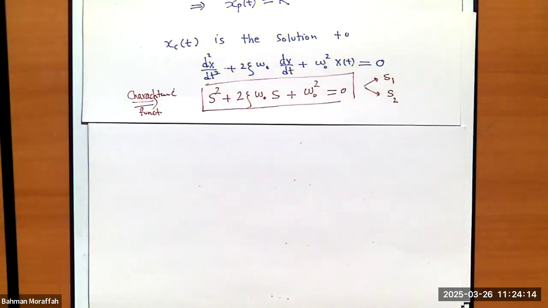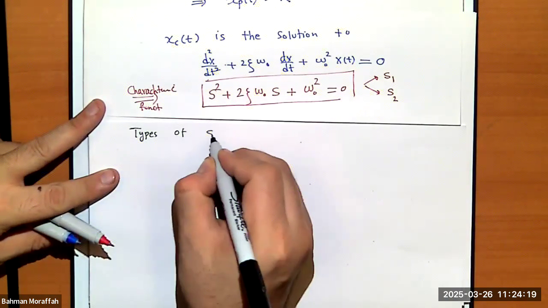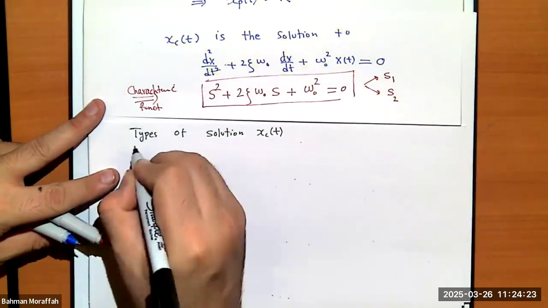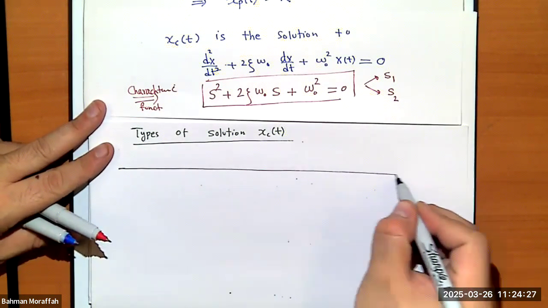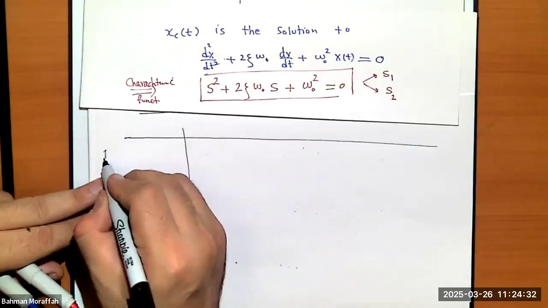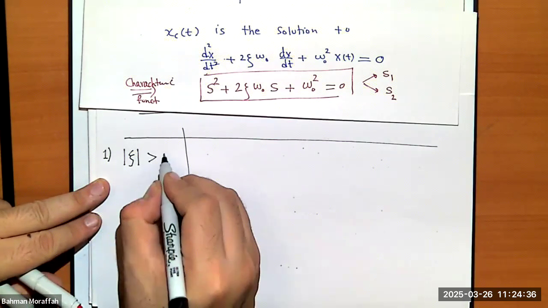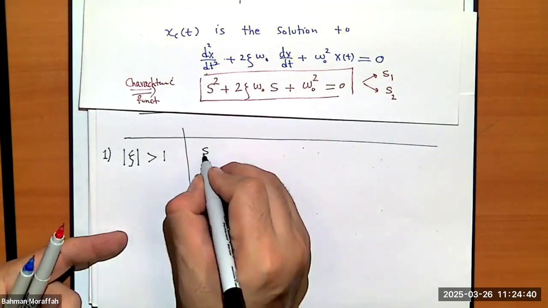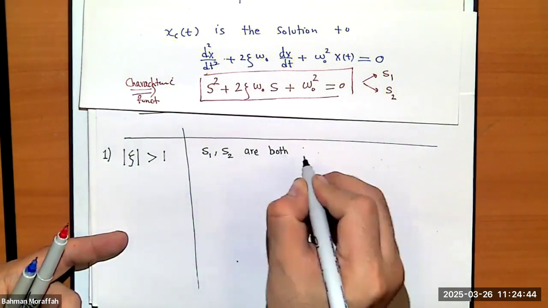So let me quickly write that category. Types of solution, xc of t. The first type is when the absolute value of c is greater than 1, which means S1 and S2 are both real.